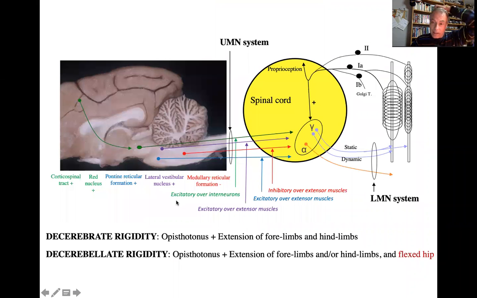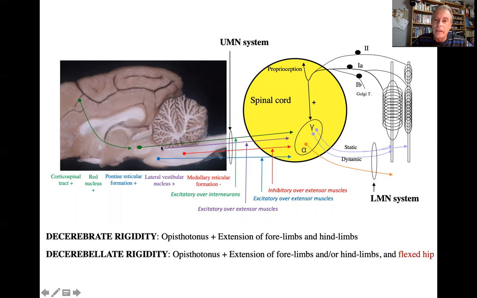Okay, for a better understanding of cerebellar rigidity, remember that there are motor nuclei in the brain stem. We have the red nucleus with the rubrospinal tract, which is facilitatory.